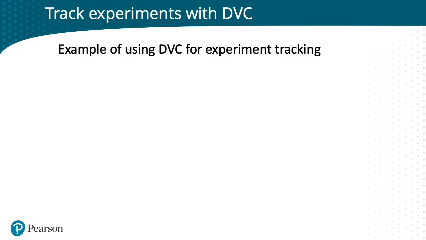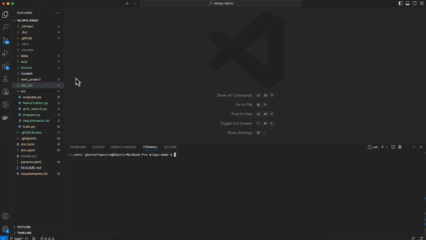I'm going to come over here to VS Code, and I have my source directory. The code that we're about to walk through, you can get this same repo from the dvc.org docs site.